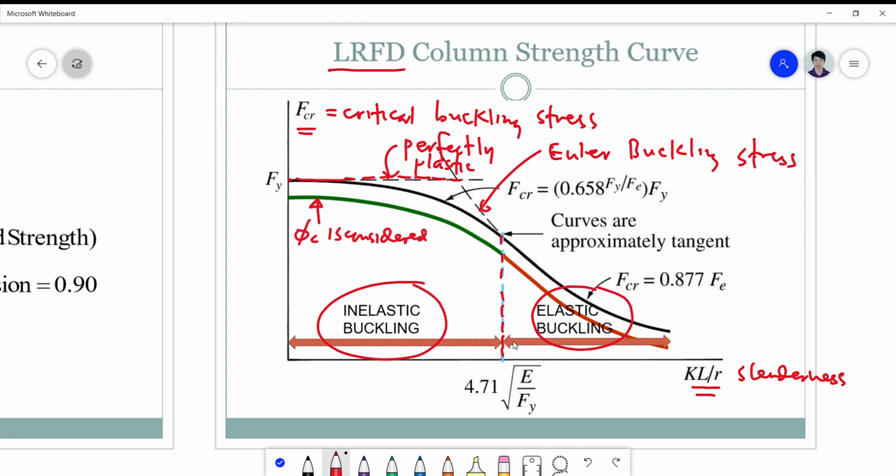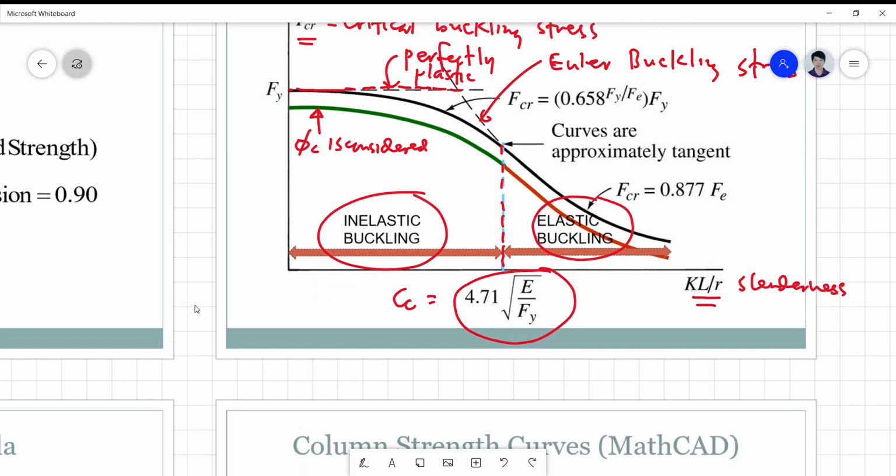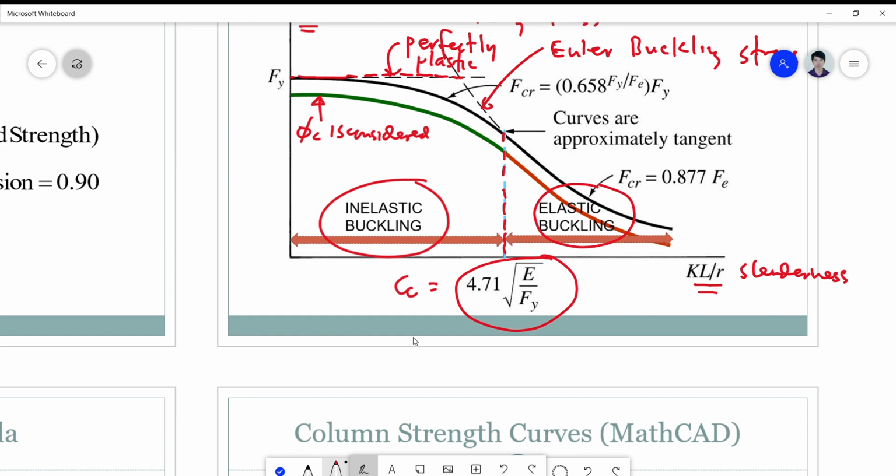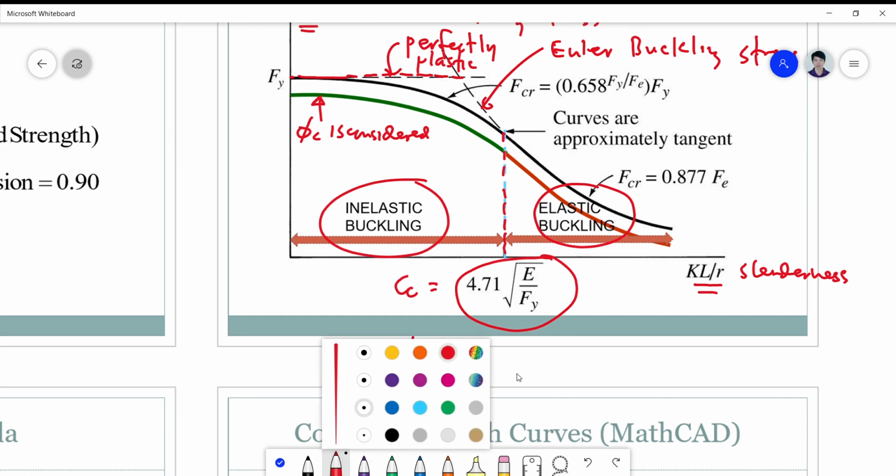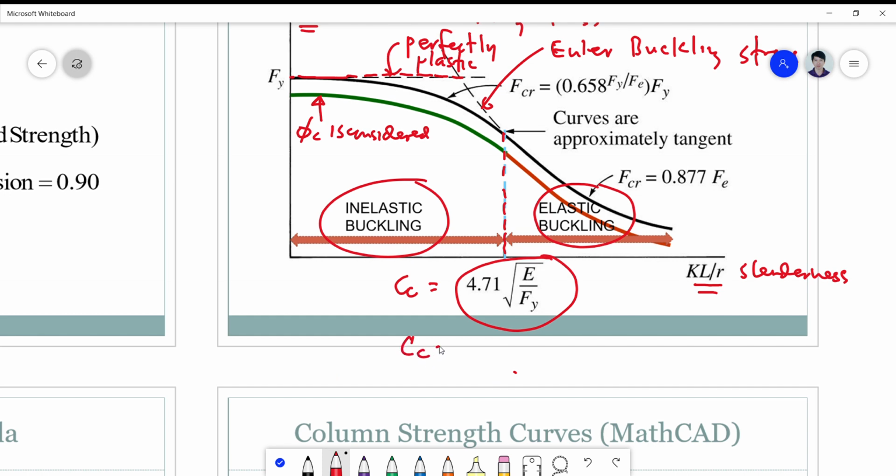Okay, and the limit of this is simply the Cc that I am referring to. So this is your Cc, which is equivalent to the same value as the square root of 2 pi squared E over Fy.